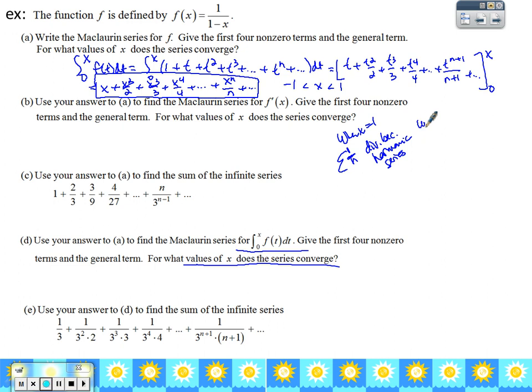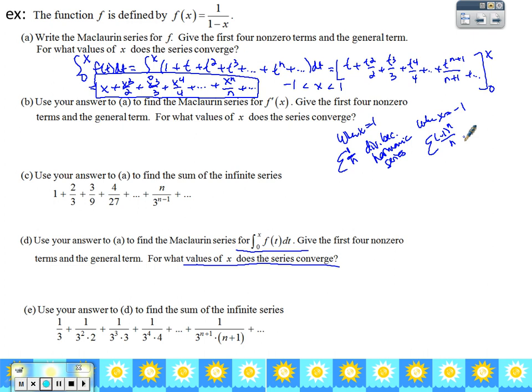All right, let's check negative 1. When x is negative 1, then we have this. Okay, what kind of series is that? It's alternating. So let's do the alternating series test. Are the terms decreasing in magnitude? Yes. Is the limit approaching 0? Yes.